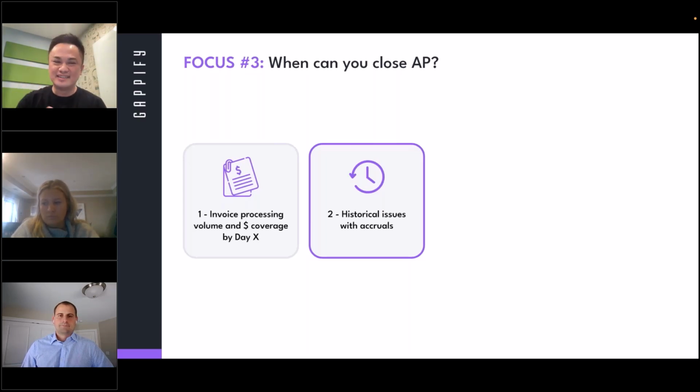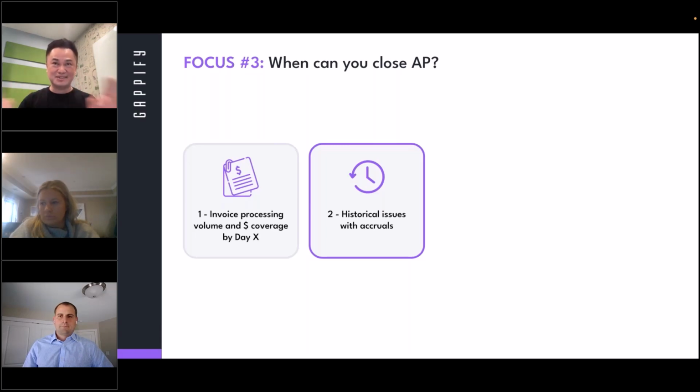This is not technical, not algorithm based, but keep in mind that in order for your management team and your auditors to buy in on when you can close AP and when you book accruals, your historical issues are part of the psyche of determining that.